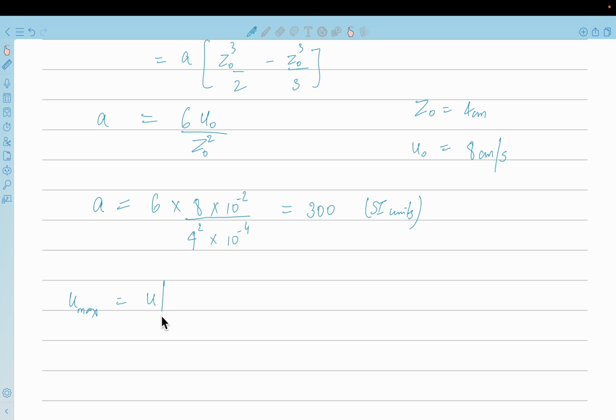U max is U at Z equal to Z naught by 2, which is equal to A into Z into Z naught minus Z. So that is 300 into, now Z we have to write as Z naught by 2, so that's Z naught by 2 into Z naught by 2, so the whole square. So this is 300 into Z naught was 4, so I'm going to write 4 into 10 to the power minus 2 square by 4.